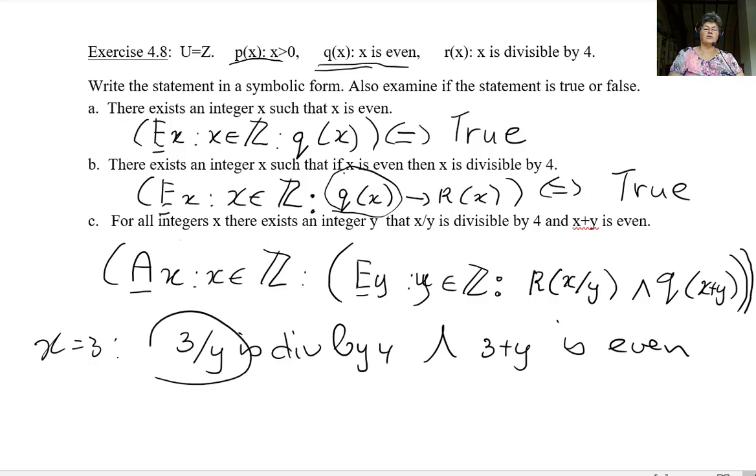Okay, now let's look at the first one. 3 divided by y is divisible by 4. If I have y being an integer, then 3 divided by that one is never divisible by 4. So I already found one counterexample. So the complete proposition is equivalent with false.